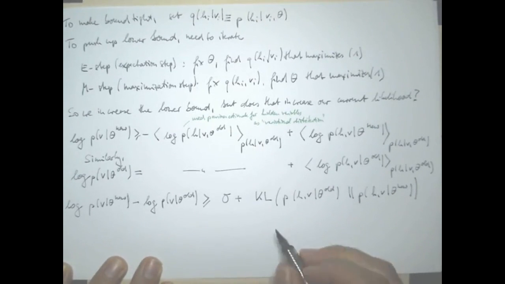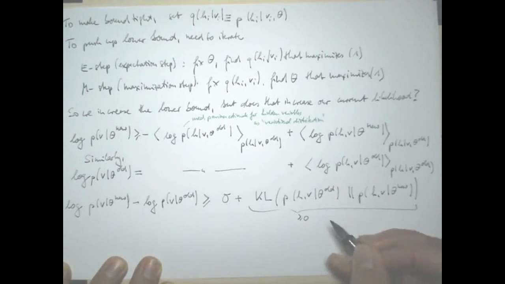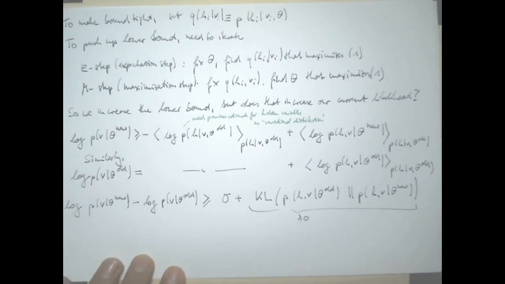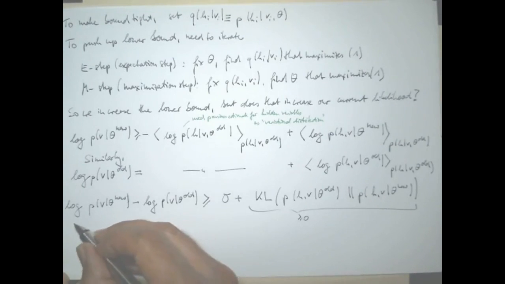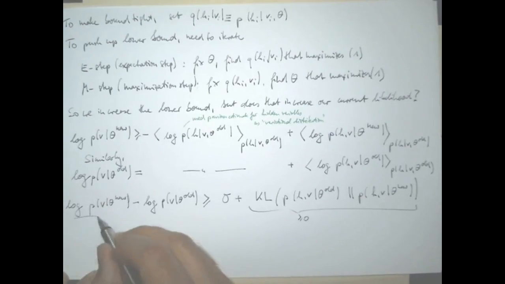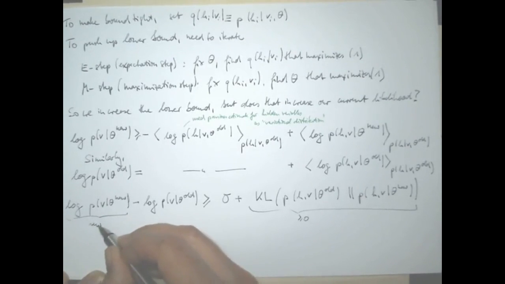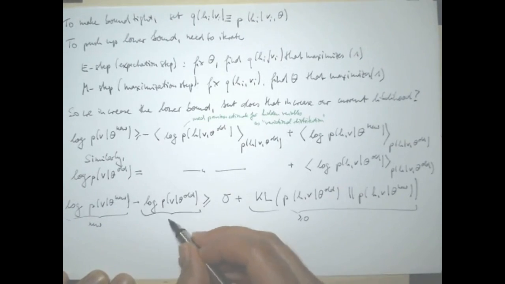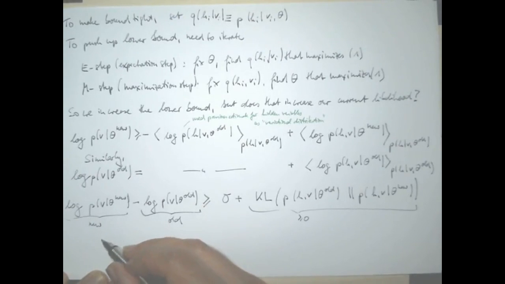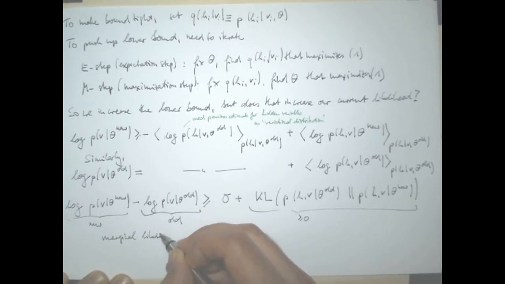Okay, and being a Kullback-Leibler divergence, this must be non-negative. Because this is either 0 or larger than 0, we see that here the new marginal likelihood minus the old marginal likelihood at least cannot decrease.